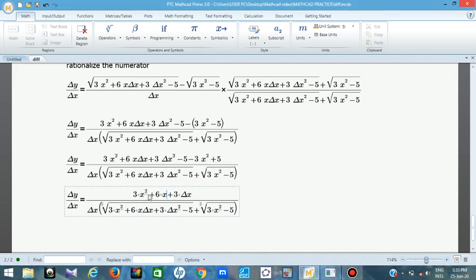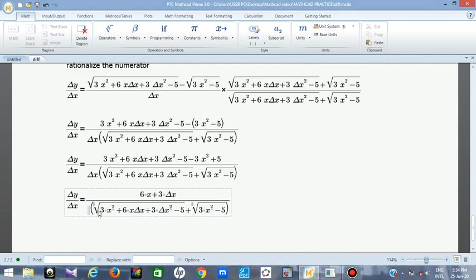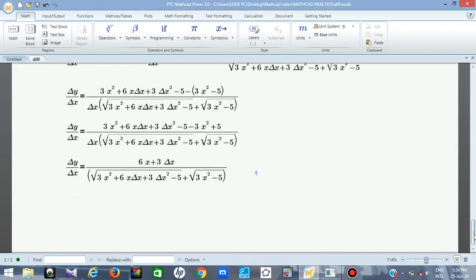Then this will also go in the next step, leaving 6x plus 3 dx. Then this will also go, then this will also go too. Let me adjust it well. Okay, so delta x will also disappear.